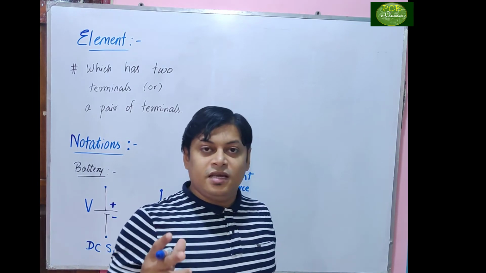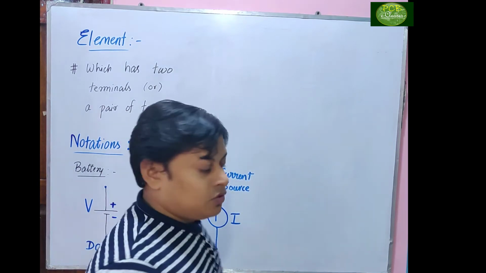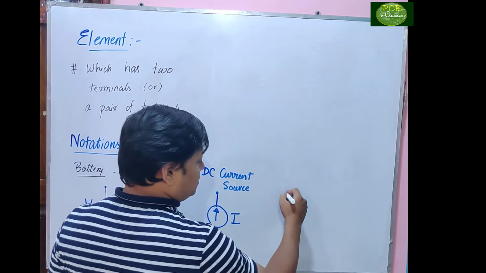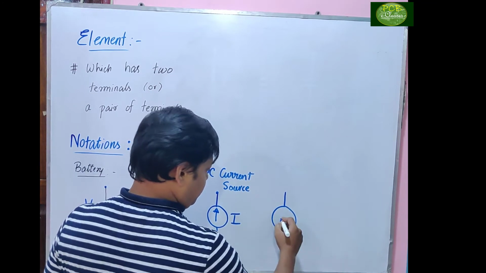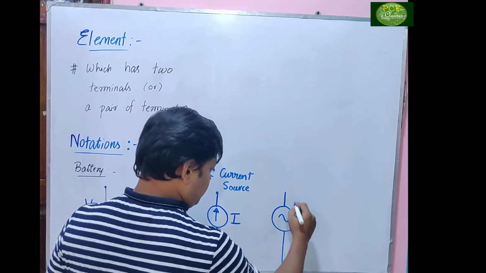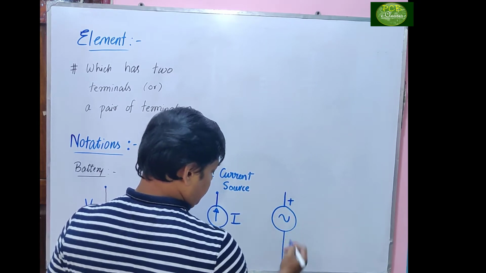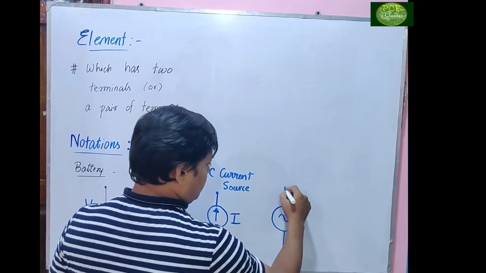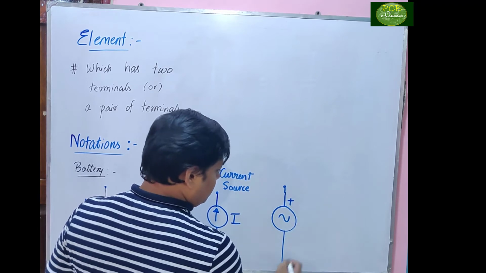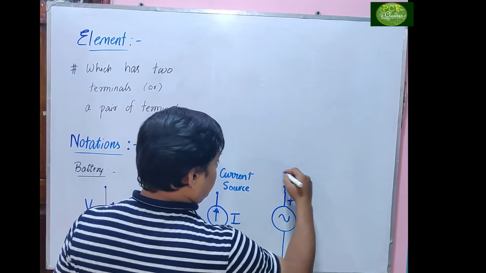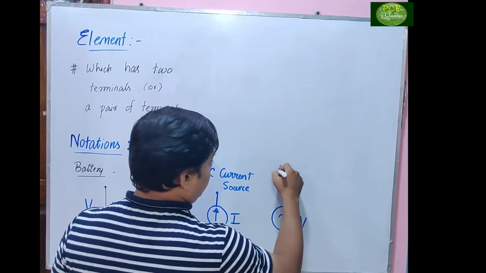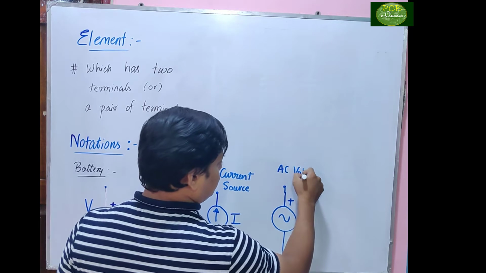One is DC, another is AC. So how the AC voltage source is represented? What is this one? It's a voltage source, right? And it is AC voltage source.